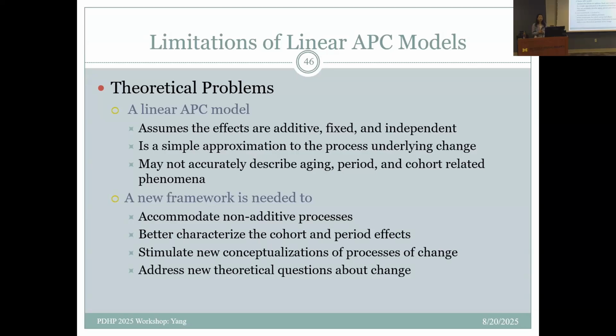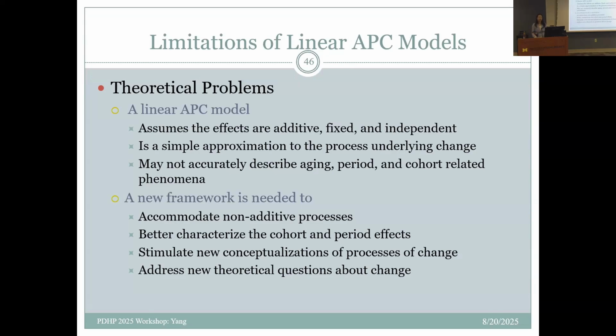I argue that a new framework is needed to accommodate non-additive processes that can help to better characterize the cohort and period effects, and also stimulate new conceptualizations of processes of change other than additive effects, and therefore move us toward the goal where we could use this kind of analysis to address new theoretical questions.